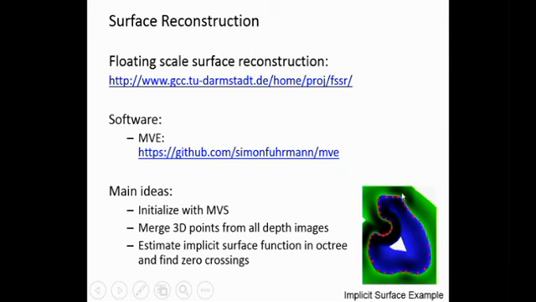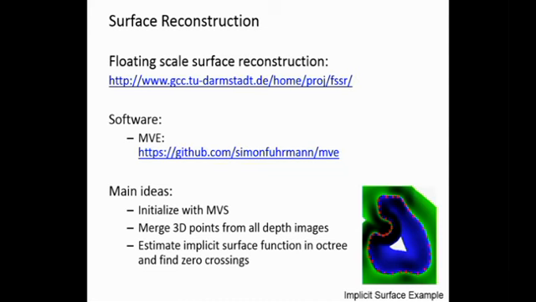In 3D, for efficiency's sake, you create an octree, which is a representation where you have big blocks in areas where you don't have a lot of points, and little blocks in areas where you've got lots of points, so that you have an efficient representation of large spaces. You fill up this octree with your points, and then you compute this implicit surface function over the smaller cells of the octree.